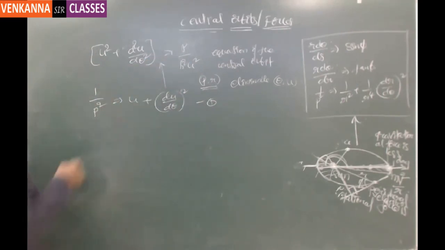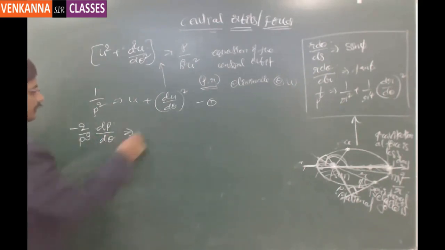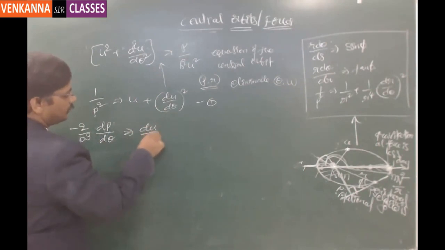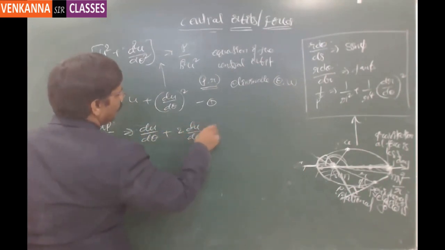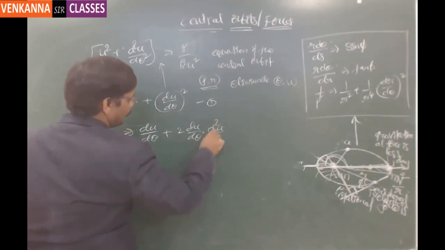Now let us see. If you take the derivative on either side, minus 2 by p cube into dp by d theta. With respect to theta, if you differentiate, this is du by d theta plus 2 times du by d theta into d square u by d theta square.